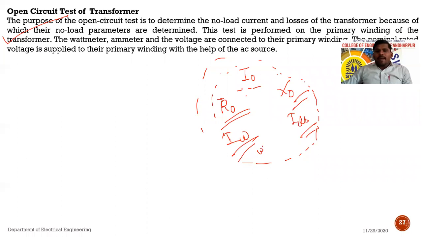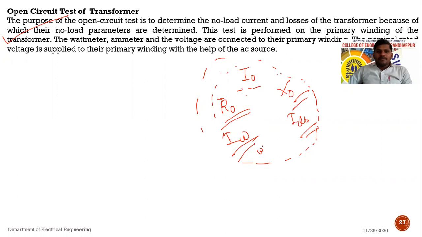These are connected on the primary side. By providing the rated voltage, we conduct the open circuit test and take the readings. After taking the readings, we will calculate the equivalent circuit parameters. We will calculate the no load losses of the transformer by conducting the open circuit test, that is the OC test.